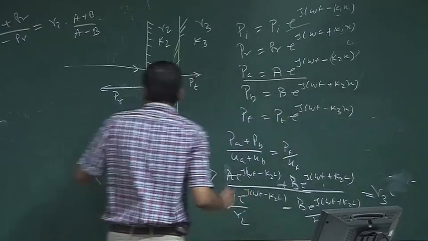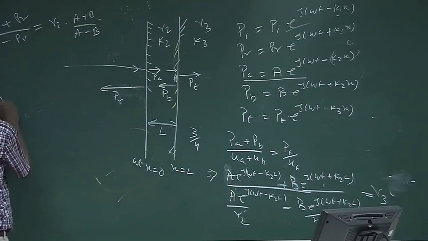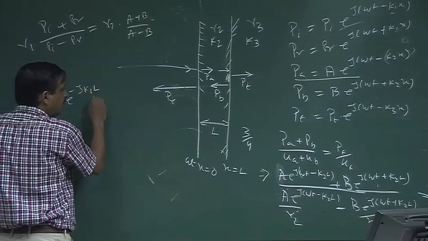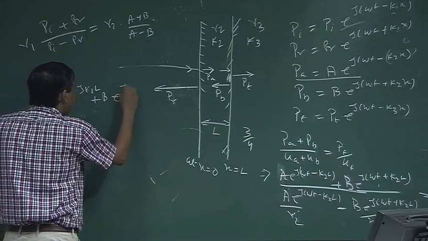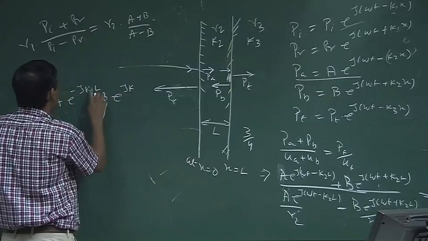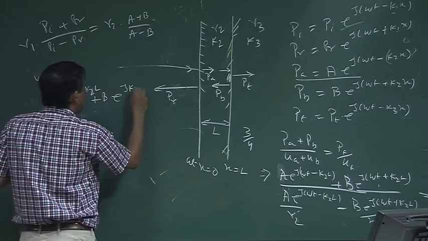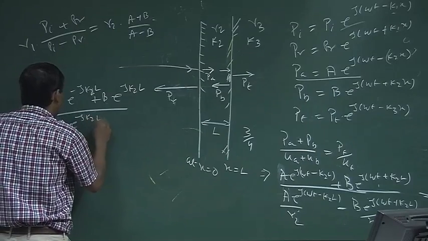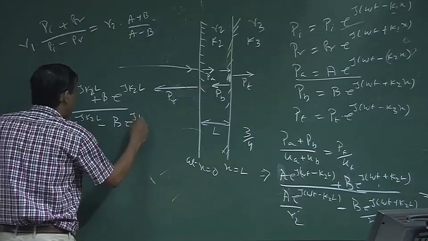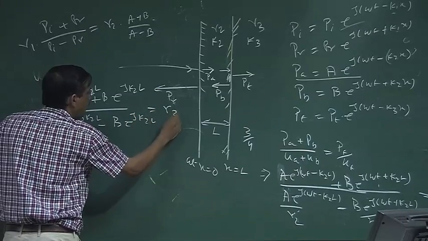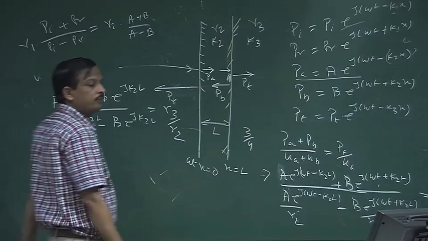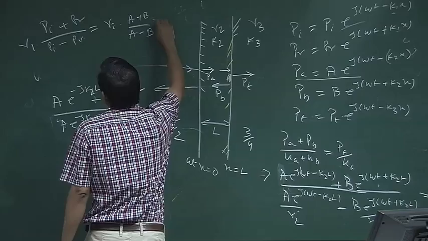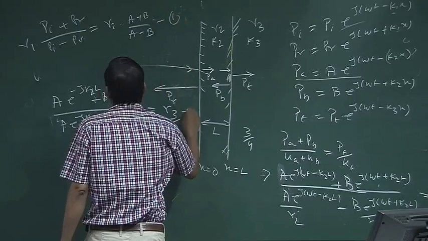Now I get A into e to the power minus j k2L plus B into e to the power plus j k2L, divided by A e to the power minus j k2L minus B e to the power j k2L, is equal to R3 by R2.